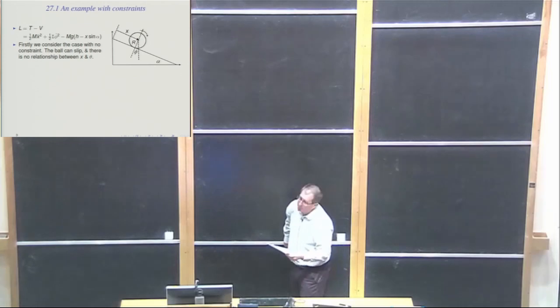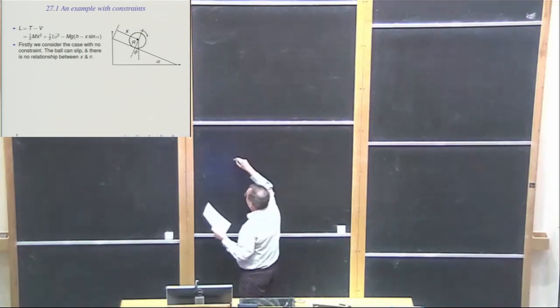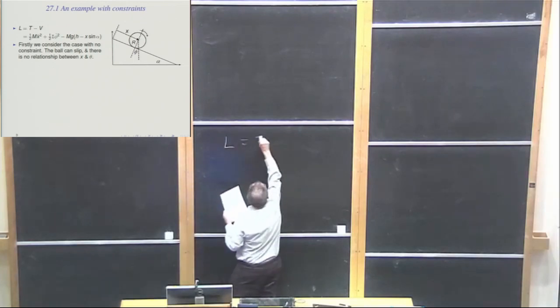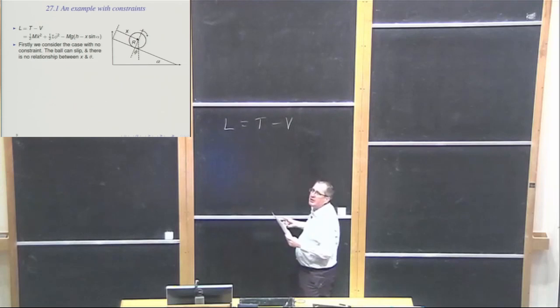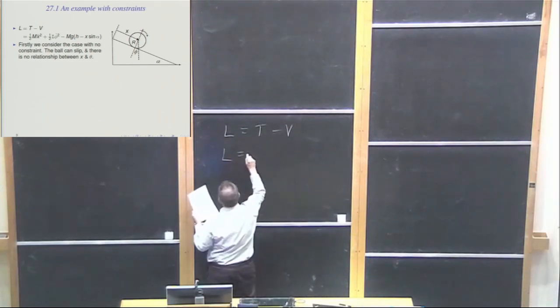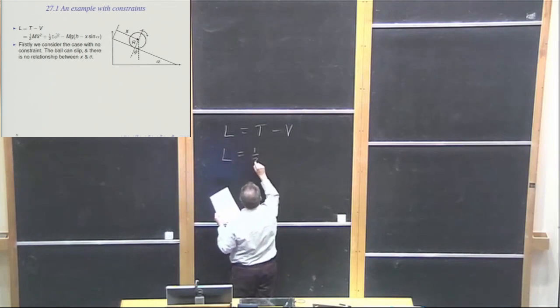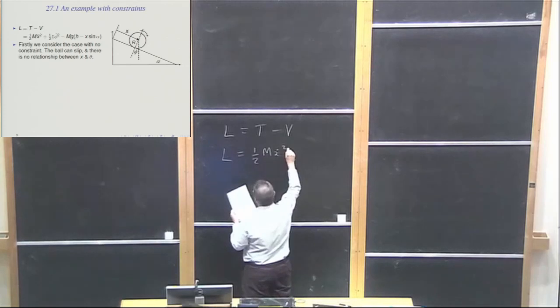So this is a ball rolling down a slope. So we should write the Lagrangian for this situation. The Lagrangian is kinetic energy minus potential energy. So what kinetic energy is there in the game? There's the translational kinetic energy, half m x dot squared.